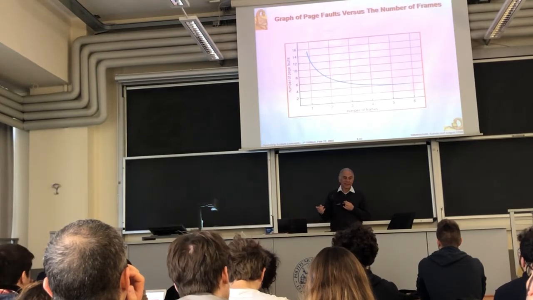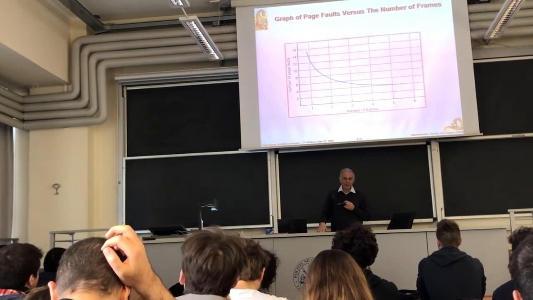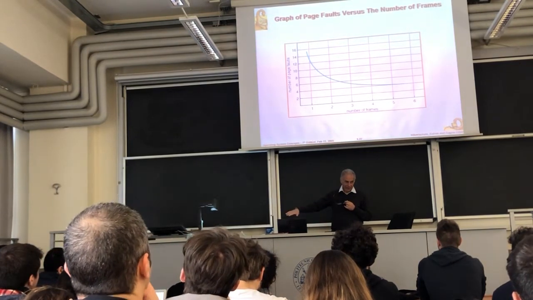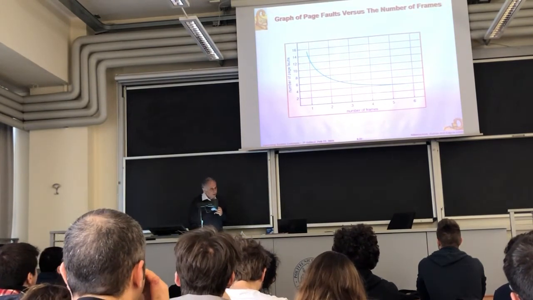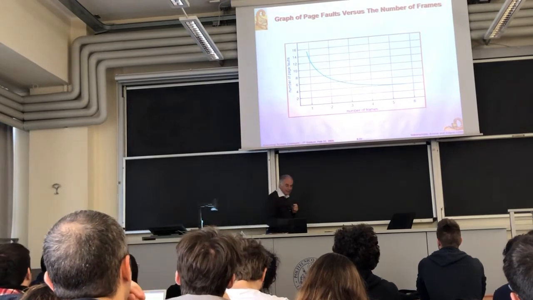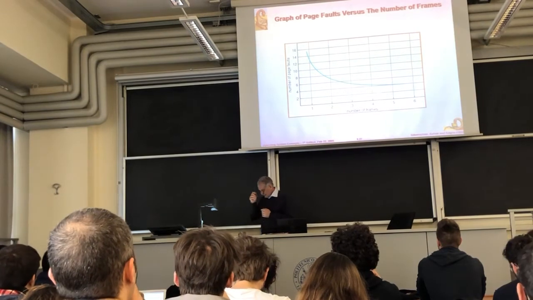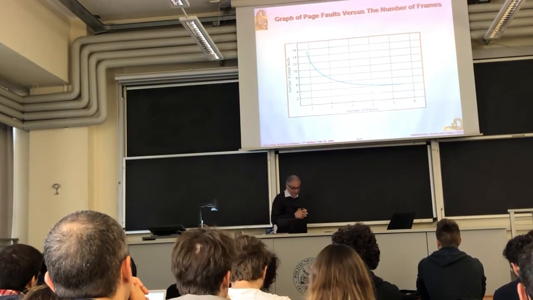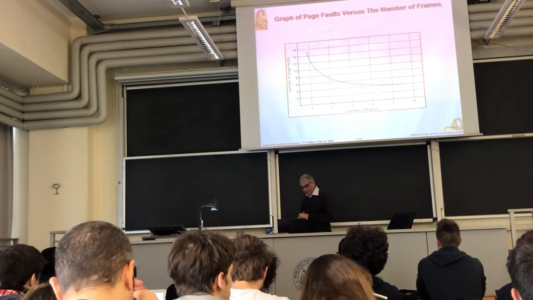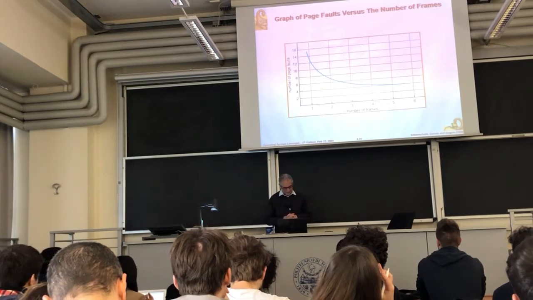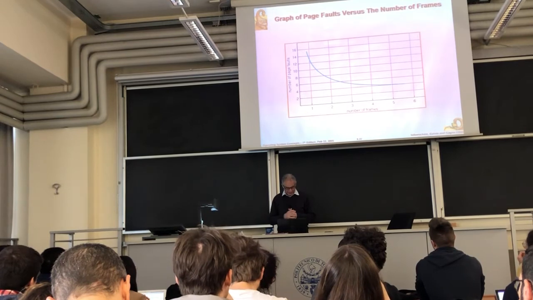But what is interesting here is that this general behavior is an exponential curve. And the reality is hyper exponential. We will see in a few minutes what it means and how important is this fact that this behavior is exponentially decreasing.